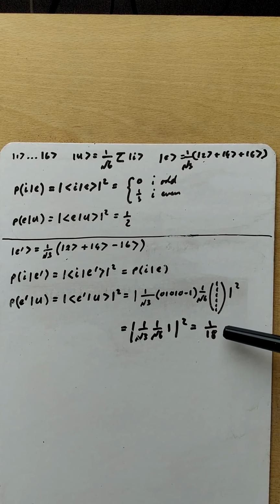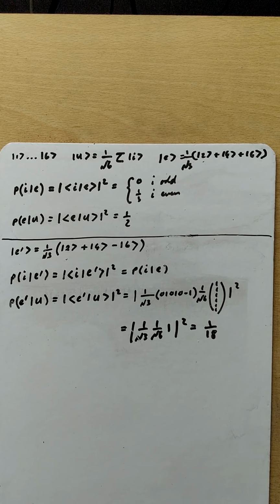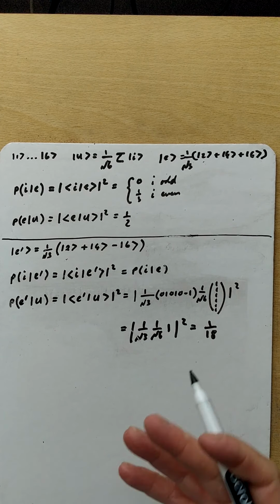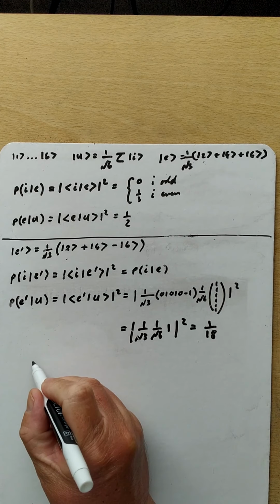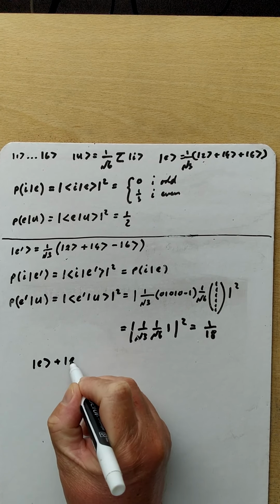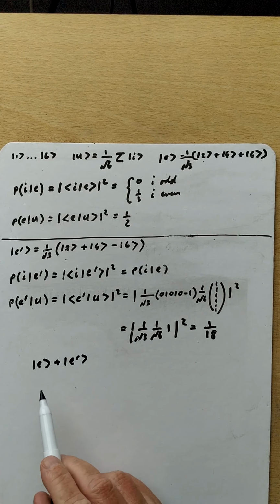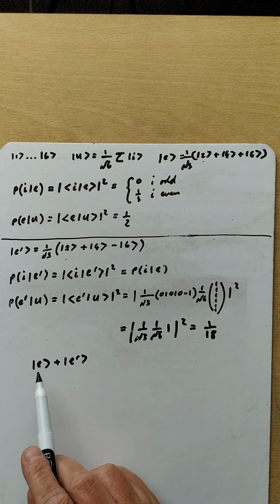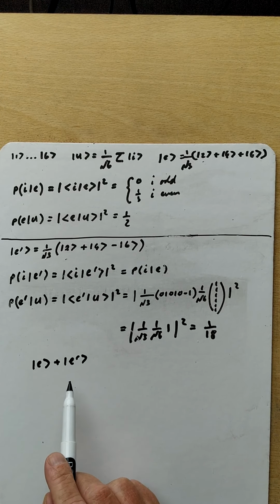This unexpected probability for the E prime state isn't its only unusual property. As explained in a previous video, a quantum version of the die could actually exist in a superposition of states. It could be in the state E plus E prime. They both are just as good to represent the even state, so when we're told that it's in the even state, we don't actually know which one it's going to be in.